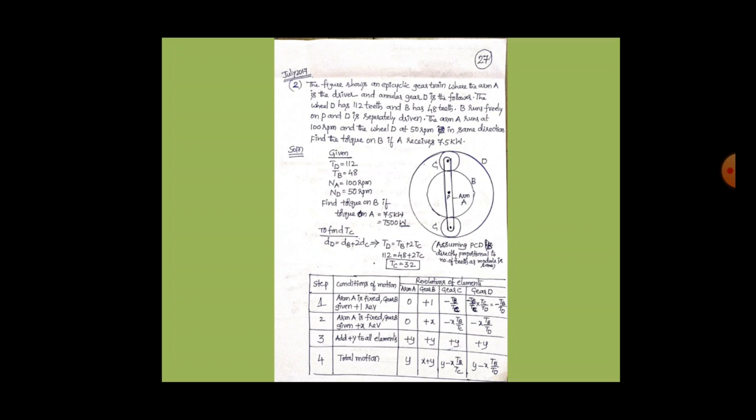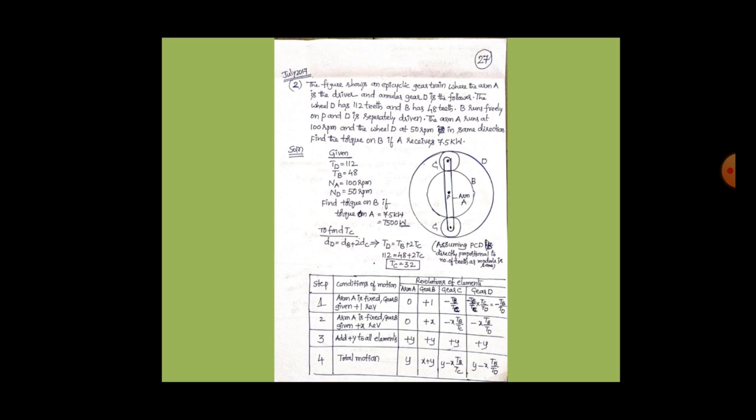One should remember that by default, whether it is required or not, whether it has been asked in the problem or not, you should find the number of T's on all wheels, and second, the table should be prepared. If these two things are ready, then we can easily calculate if we want only speed, or only torque, or both speed and torque. Therefore, number of T's and table is compulsory.